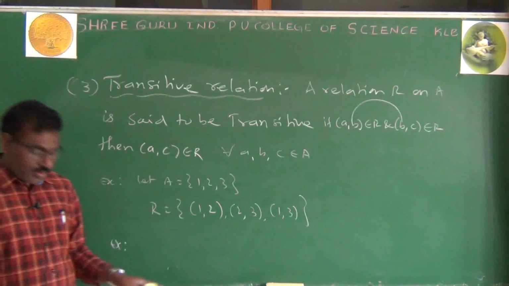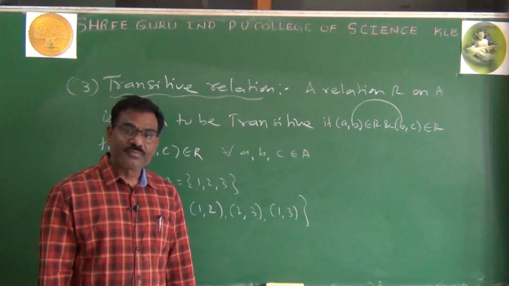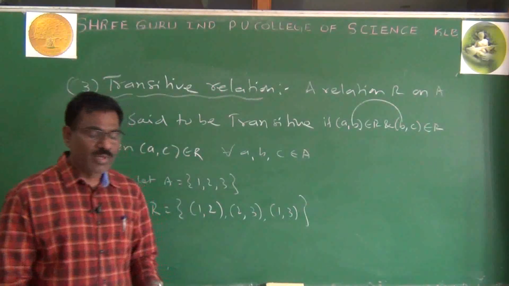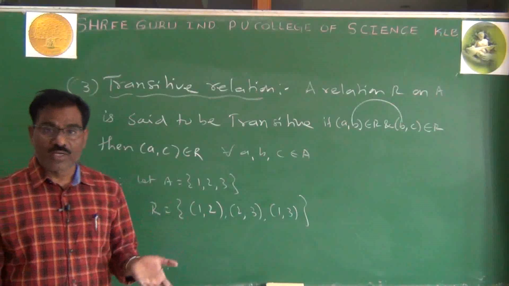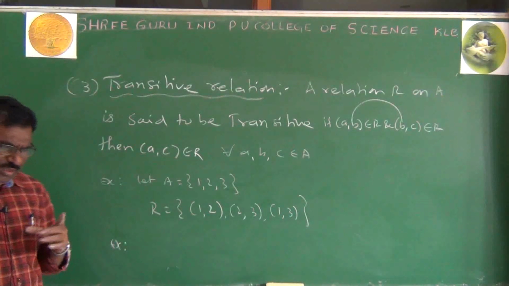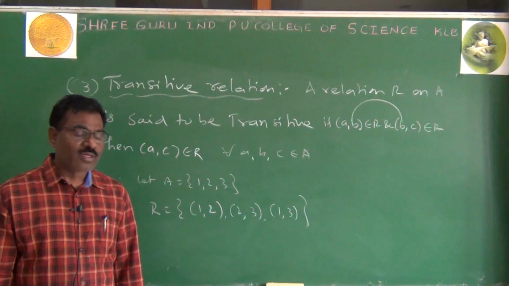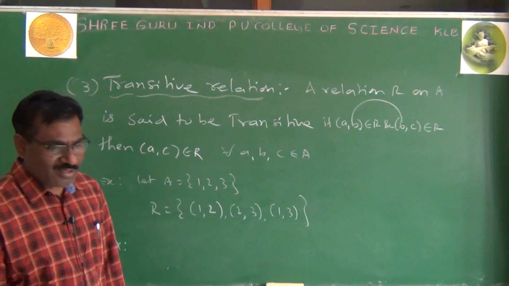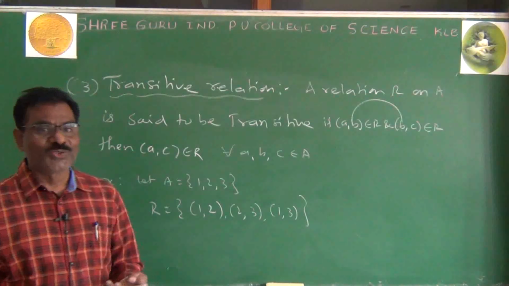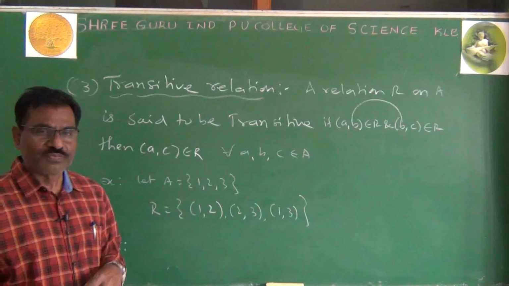So another example, in general. I explained reflexive, I explained symmetric, and transitive. Even that is the example: parallel lines. For parallel, all three are satisfied: reflexive, symmetric, and transitive.